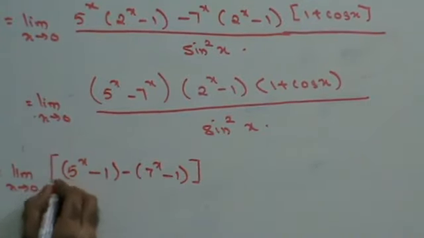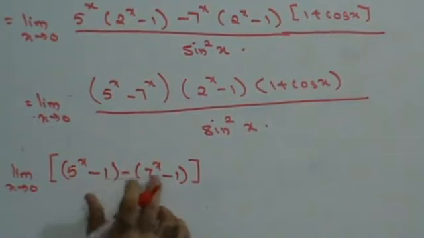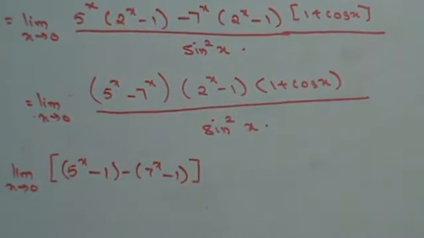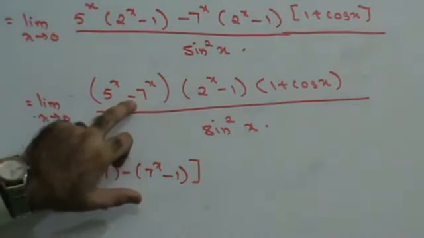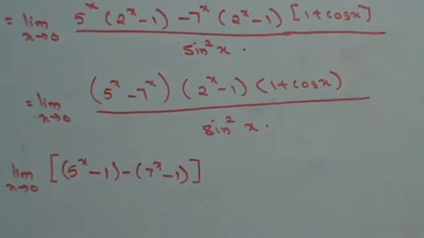What did I do here, guys? I subtracted 1 and, minus into minus, I added 1. I have subtracted 1, I have added 1, and for this minus 7 raised to x, I have taken the minus sign common.